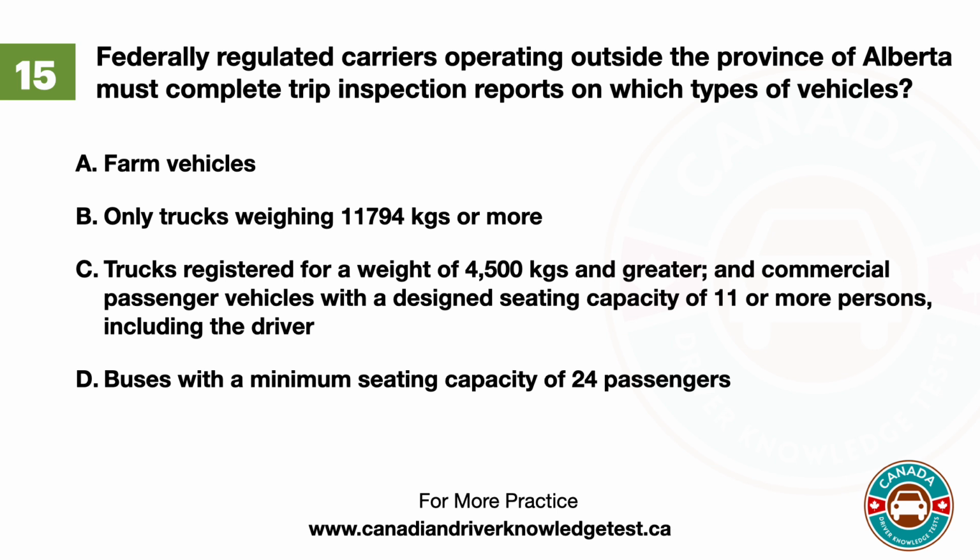C. Trucks registered for a weight of 4,500 kilograms and greater, and commercial passenger vehicles with a design seating capacity of 11 or more persons, including the driver. D. Buses with a minimum seating capacity of 24 passengers. The answer is C. Trucks registered for a weight of 4,500 kilograms and greater, and commercial passenger vehicles with a design seating capacity of 11 or more persons, including the driver.